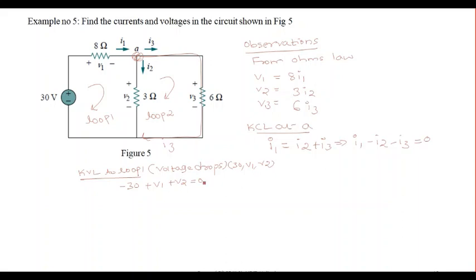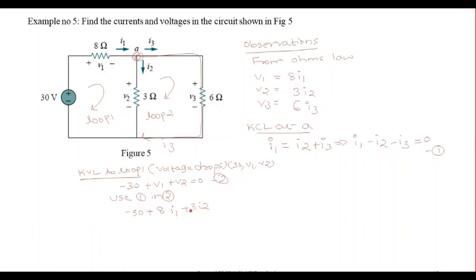Rewriting in terms of current, we get minus 30 plus 8 times I1 plus 3 times I2.